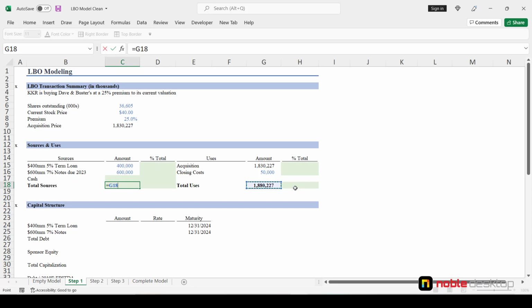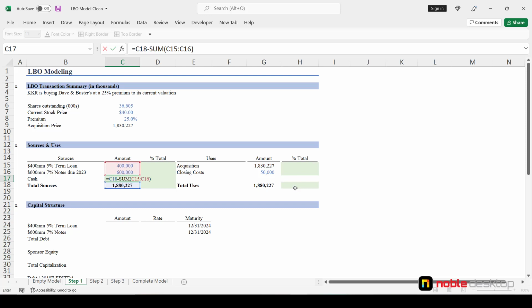Now I'm going to equal my total sources to total uses. Remember, they are always equal to each other. And then I can create a plug for the cash that I need to sponsor that transaction. I'm going to calculate total sources minus the sum of the two loans I'm going to take to sponsor that LBO transaction.